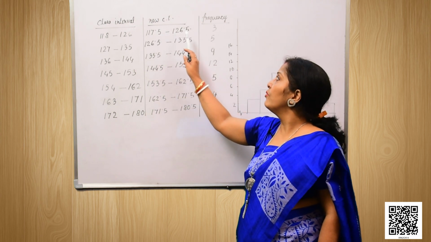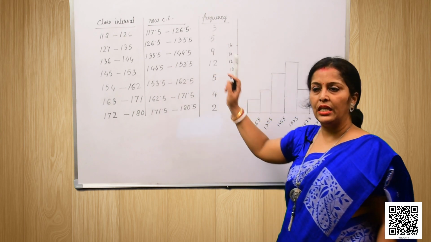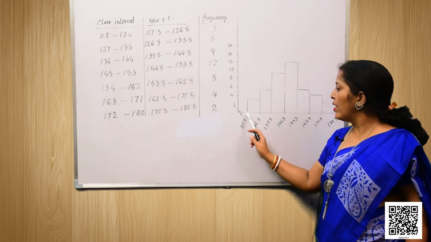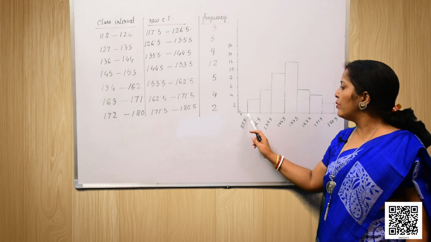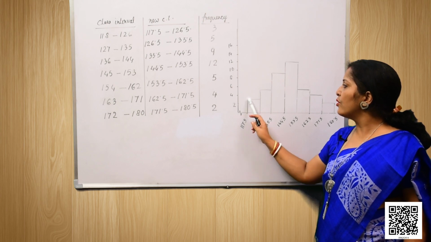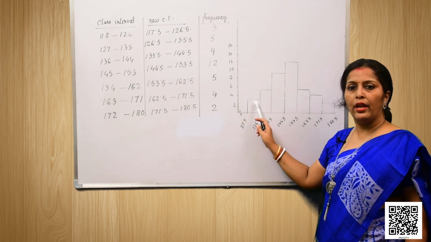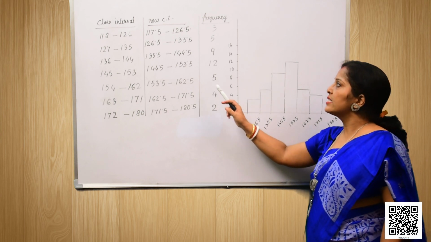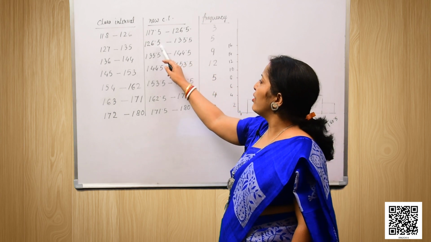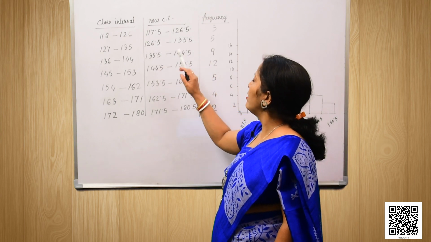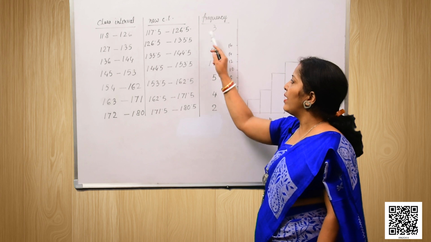On top of this, we have the frequency 3. So on top of 117.5 to 126.5, we draw the bar up to the point 3 along the vertical line. Now the next class interval, 126.5 to 135.5, has the frequency 5.